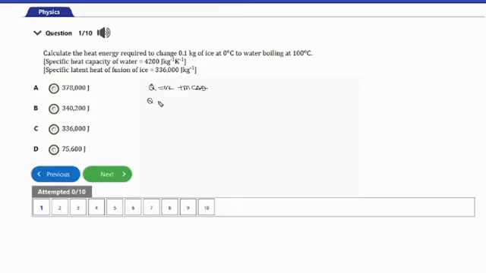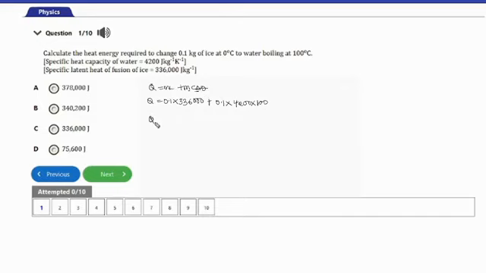So the heat Q here will be the mass 0.1 kg times the specific latent heat here, that's 336,000 joule per kilogram. Then this plus the mass again, 0.1 kg times the specific heat capacity 4200, then times the change in temperature, that's 100 degrees Celsius, because this is 100 minus 0.